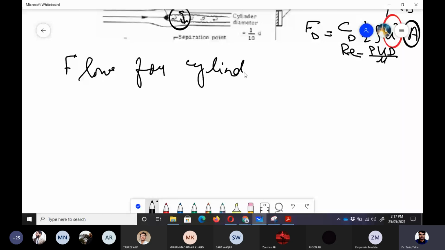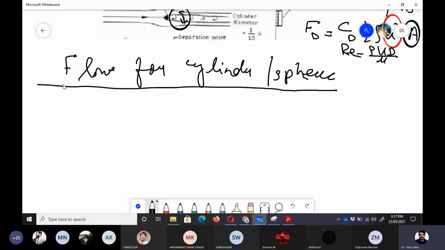So as Tabriz has pointed out, the drag force, which is total drag, and CD value, they are a function of Reynolds number. So it means that the coefficient of drag and total drag force would depend upon the flow velocity.